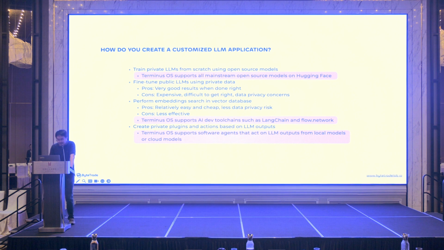And the second point is that Terminus OS also offers a variety of toolkits to developers to create different AI apps. And the third point is Terminus OS supports the software agents that add on the outputs. So these two parts together, we can see developers can create a variety of AI apps, not just to help decision making, but also utilizing this 24/7 running Terminus personal server.